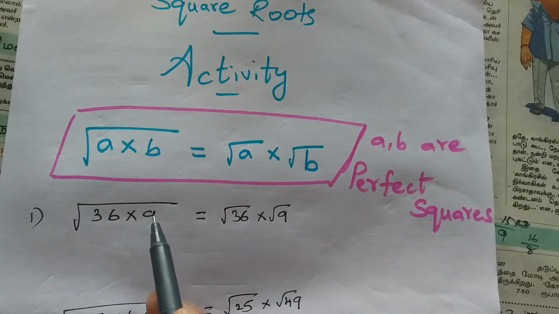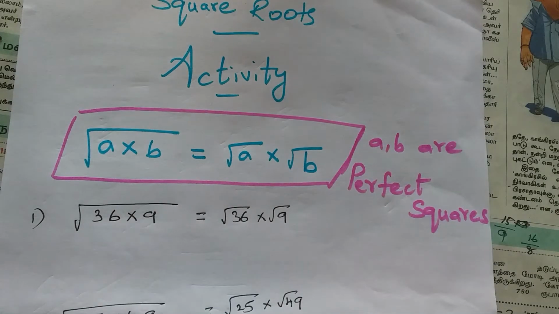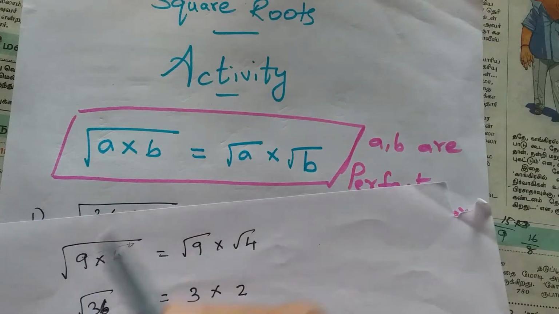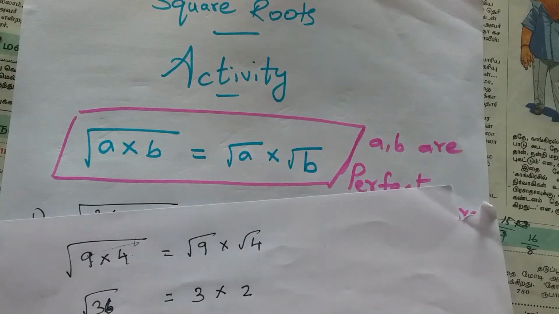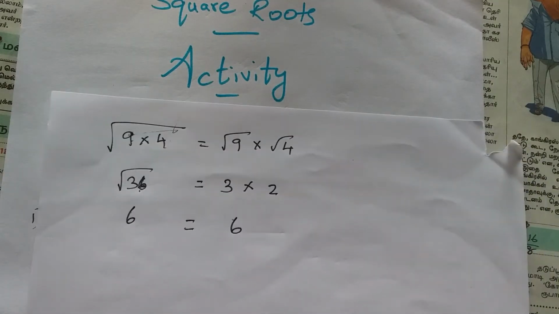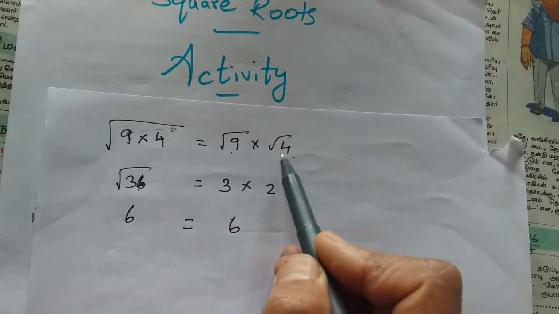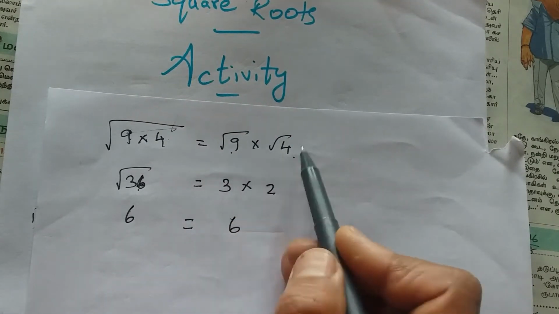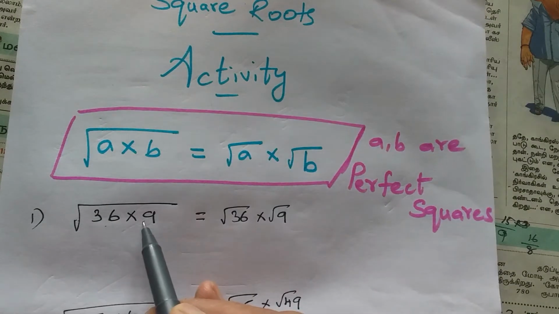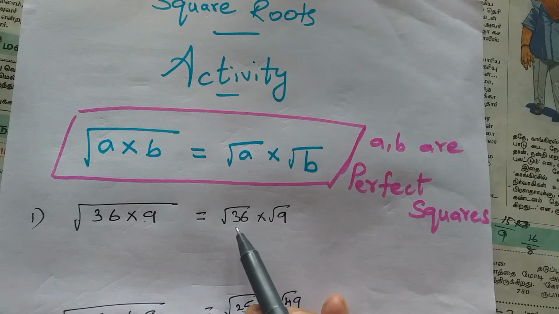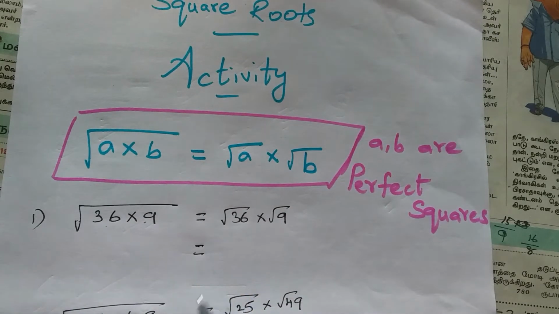The product of two numbers becomes always greater than the given two numbers, isn't it? When you multiply 9 and 4, 36 is greater than 9 and 4. So which is easy? Finding the square root for 36 or for 9 and 4? Naturally, finding anything for the smaller number is easier than for the greater numbers. So without multiplying, we can split them so that the numbers are smaller and finding square root will be easy.